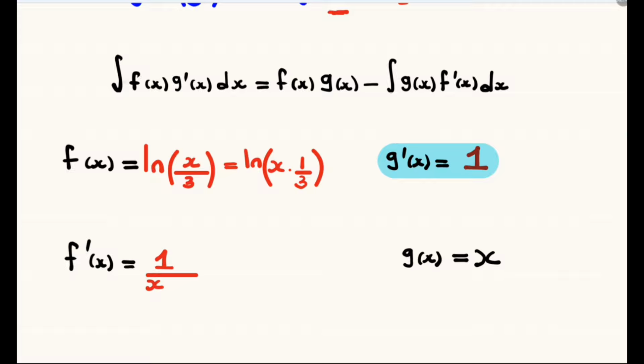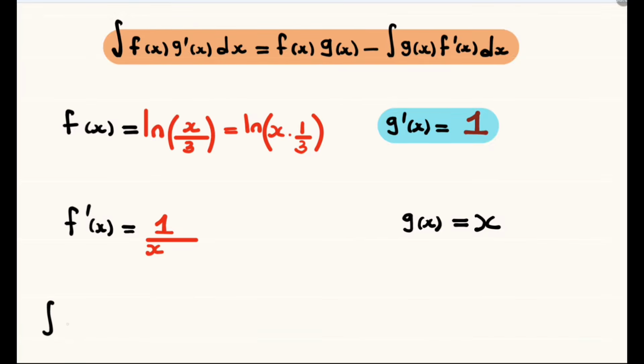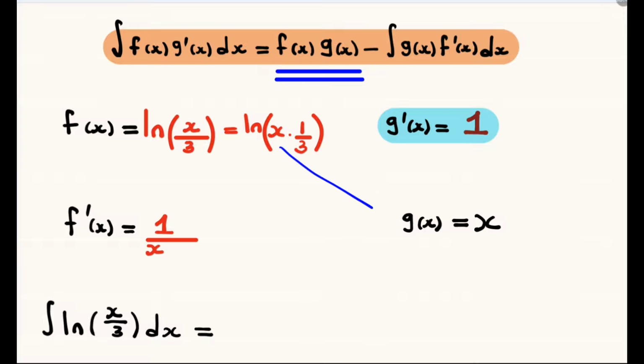We substitute into that formula for integration by parts. So the integral of the ln of x divided by 3 dx will be equal to f of x multiplied by g of x. The f of x is the ln of x over 3, and the g of x is the x.